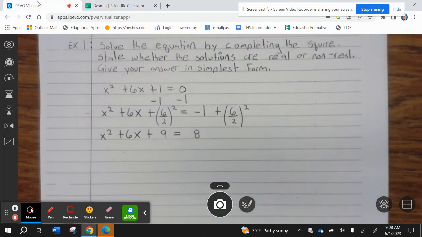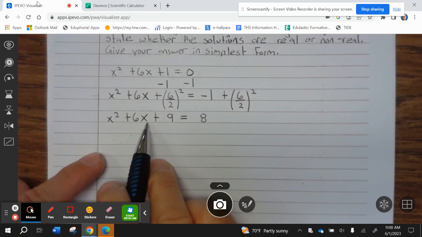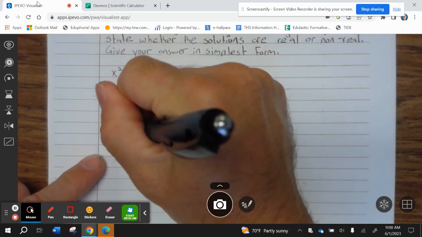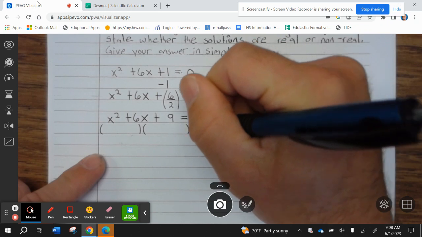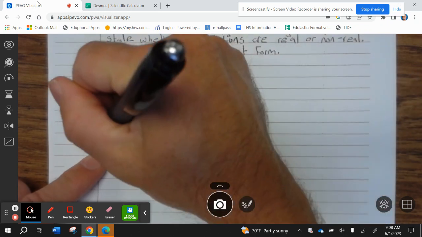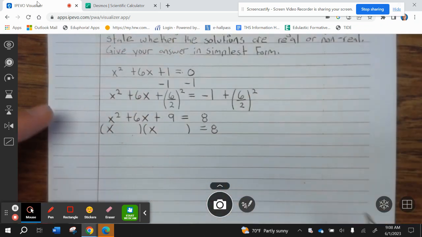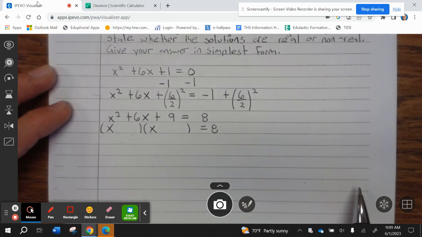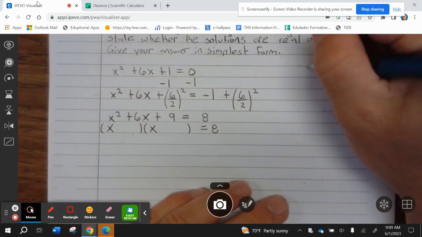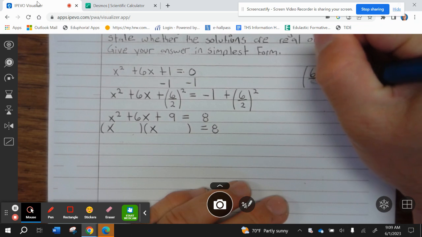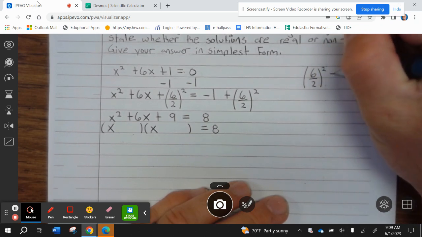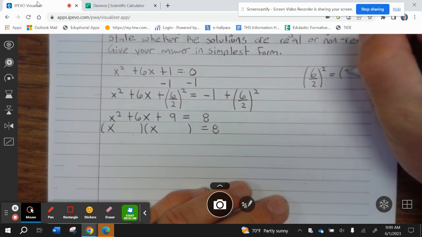Now, the reason we did this is now this is immediately factorable. So that's parentheses, equals 8. x and x makes x squared. And then 6 divided by 2 squared is 3 squared, which is 9.